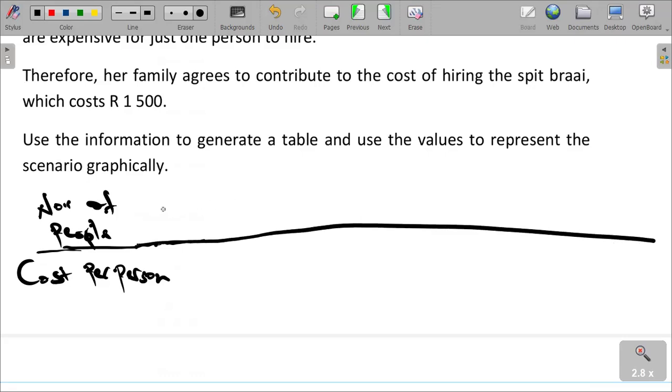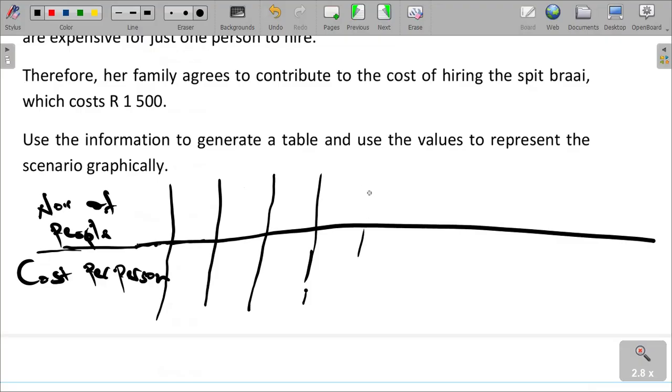The question says there are 50 people in this case. We are going to have 50 people who are going to contribute to hire this machine.